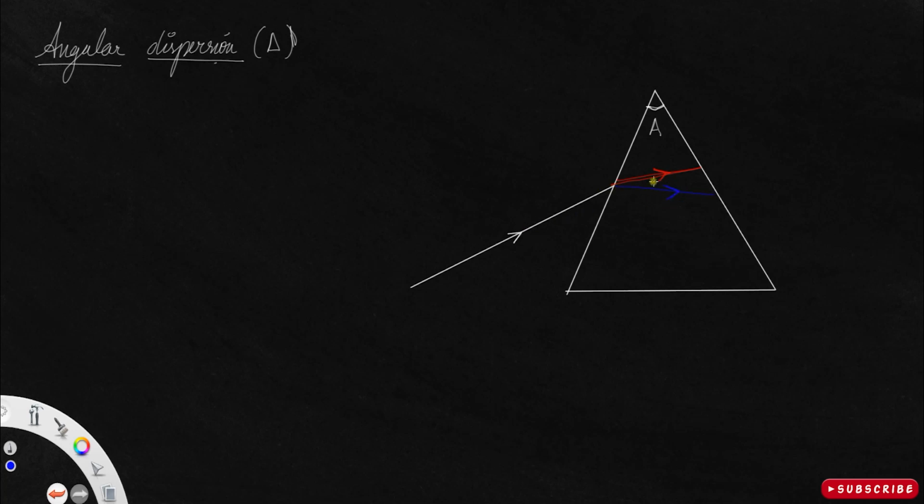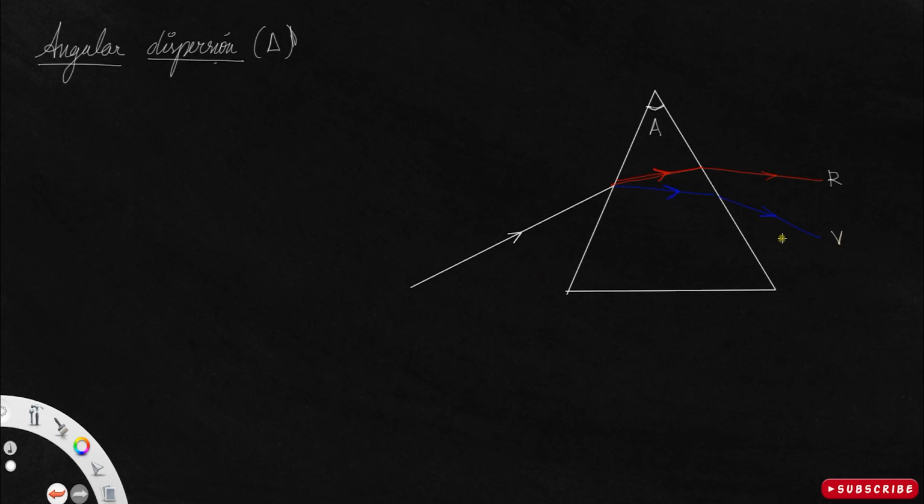And this splitting of composite light, the sunlight, into its component colors is called dispersion. So as you can see from the figure itself, the deviation for the violet and the deviation for the red are different. Clear? This is the red light, this is the violet light.